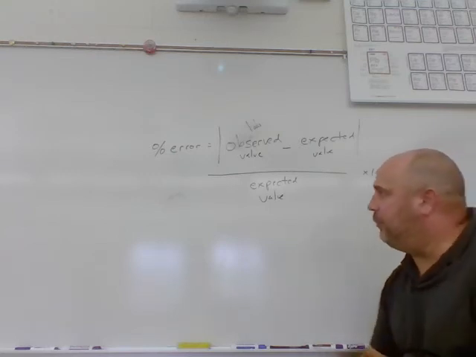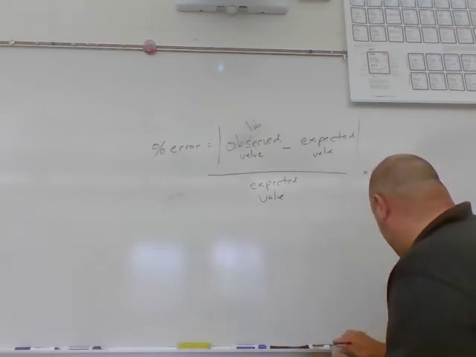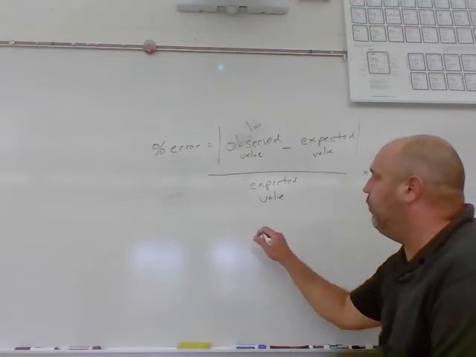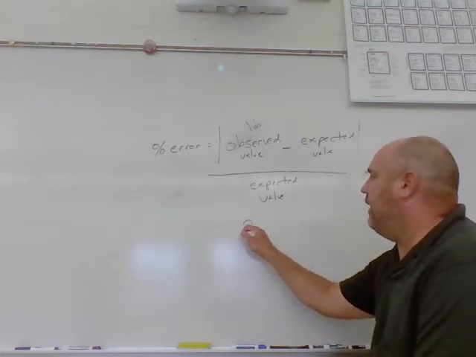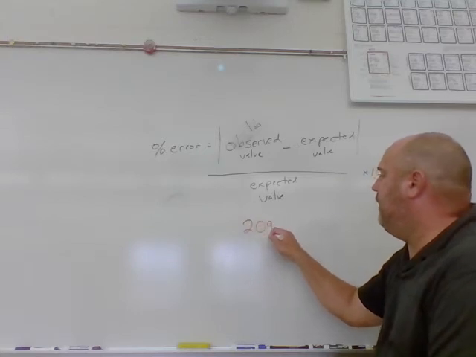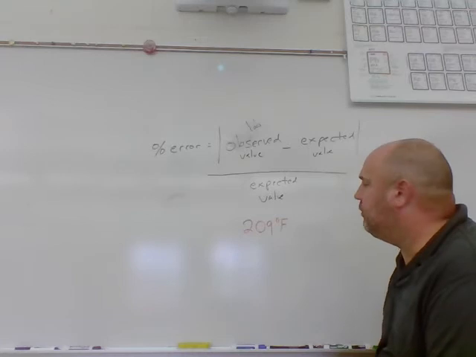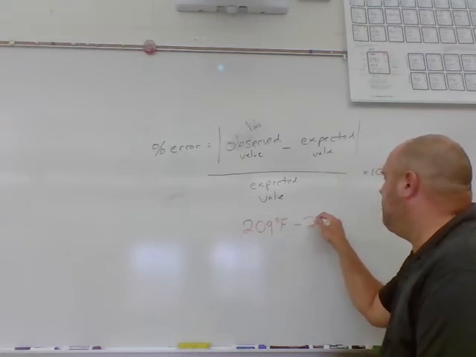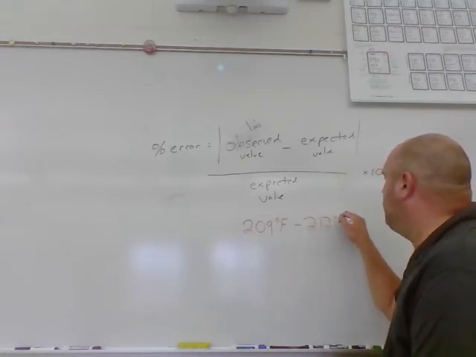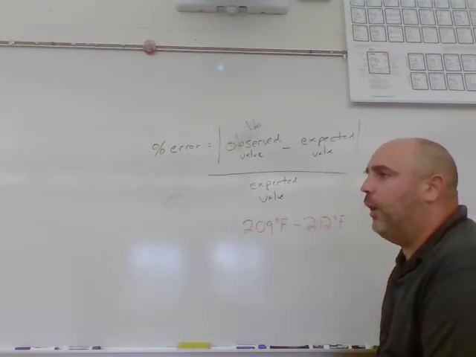As an example, let's do the one we did before. We found that the thermometer said that water boils at 209 degrees Fahrenheit. But we know the expected value, which we can look up or maybe have memorized, is 212.